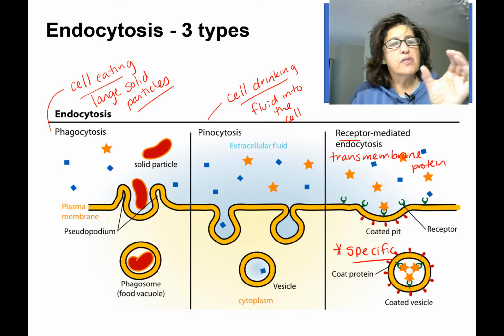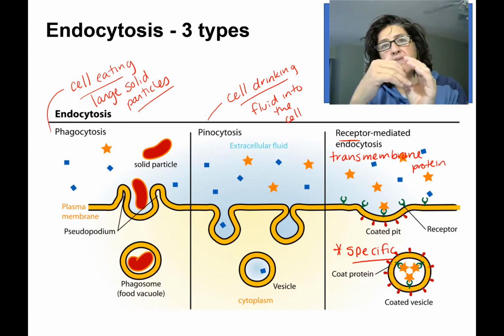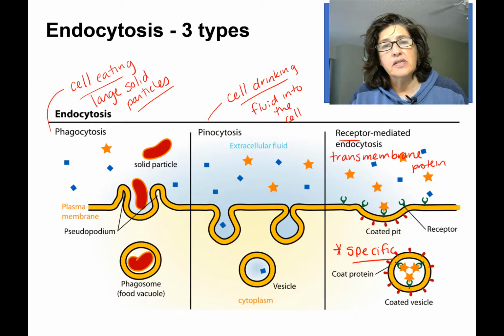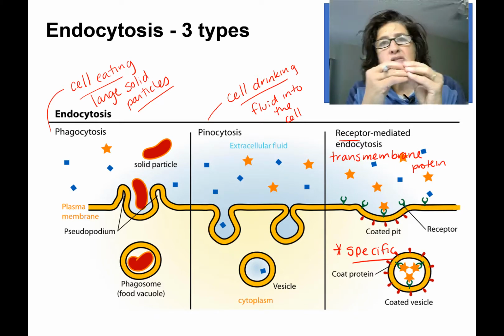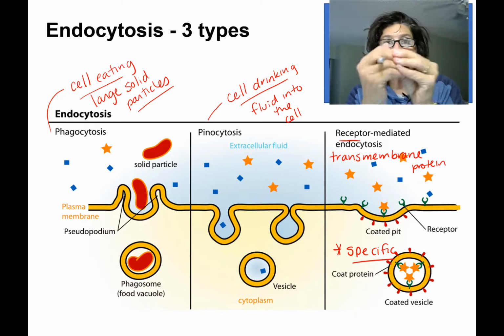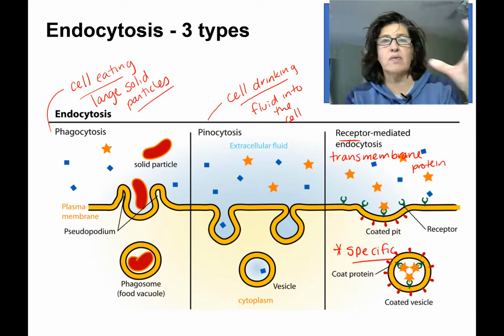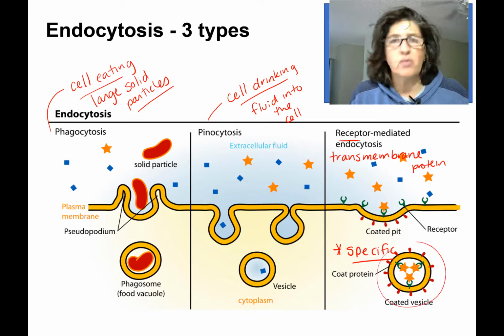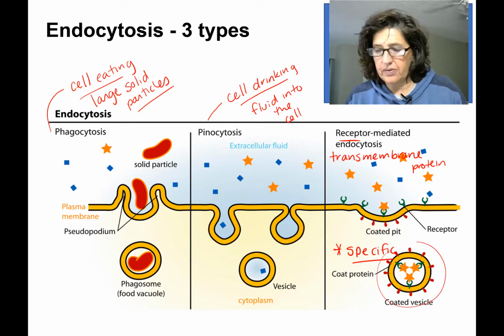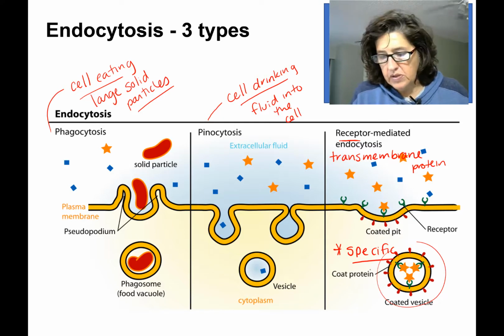They're very specific, so they can only bind molecules that fit. Okay. And so with receptor-mediated endocytosis, what it's showing you here is that this star-shaped molecule fits. It binds to that receptor, and when it binds to that receptor, it triggers the cell to say, hey, this is exactly what I want, something specific, right? And it brings it in. And you can see that it's only bringing in those star molecules, not the little squares that are floating around. So specificity is the key.